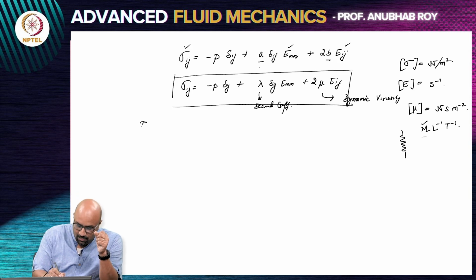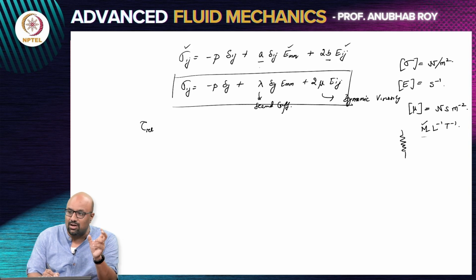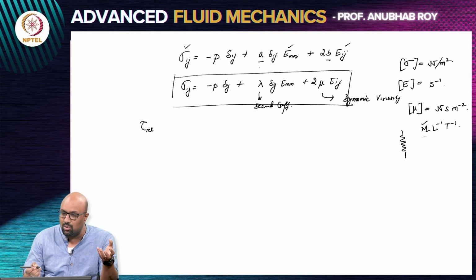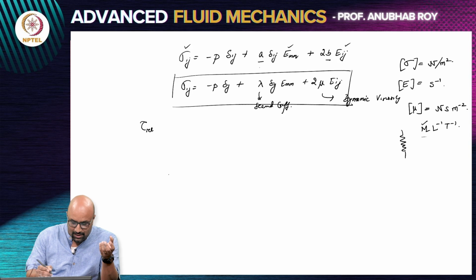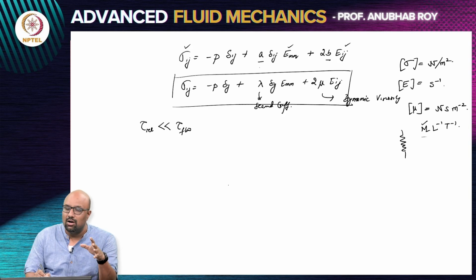The word underlying microstructure means what makes up that fluid. Is it made up of water molecules or is it made up of something else? So, if this underlying relaxation time scale is significantly smaller than a flow time scale, it is reasonably good to approximate the system as a Newtonian fluid.